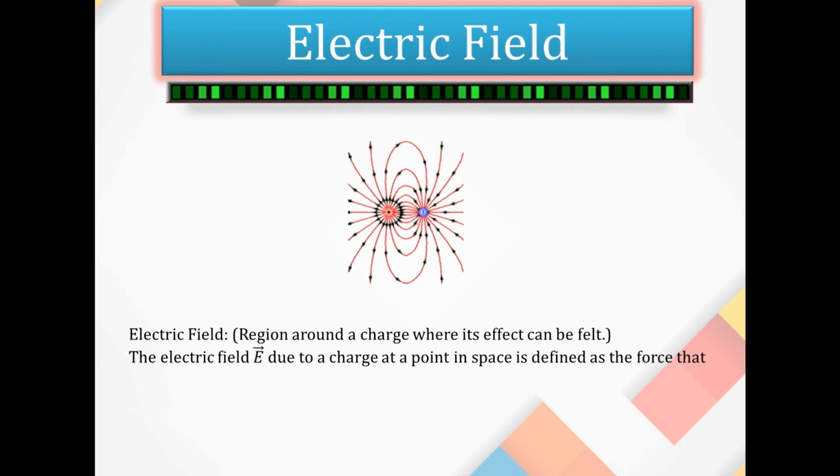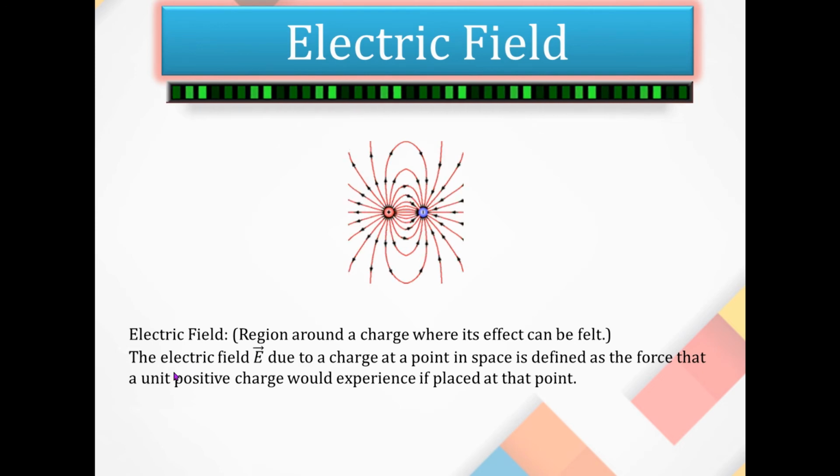In easy language, the region around a charge where the charge's effect can be felt is called the electric field, and it can also be defined as the electric field vector E. The representation for electric field is in its vector form, vector E. The electric field E due to a charge at a point in space is defined as the force that a unit positive charge would experience if placed at that point.